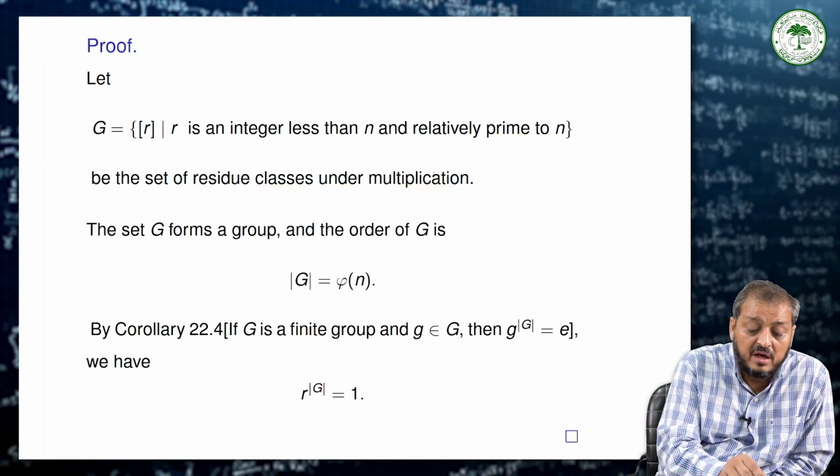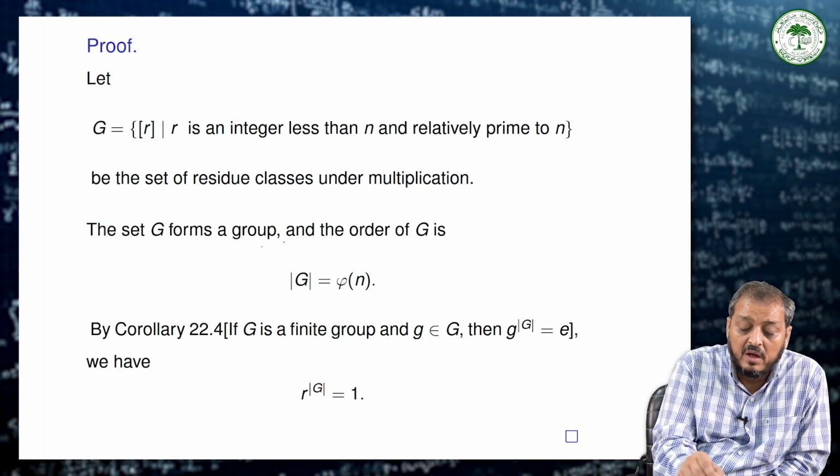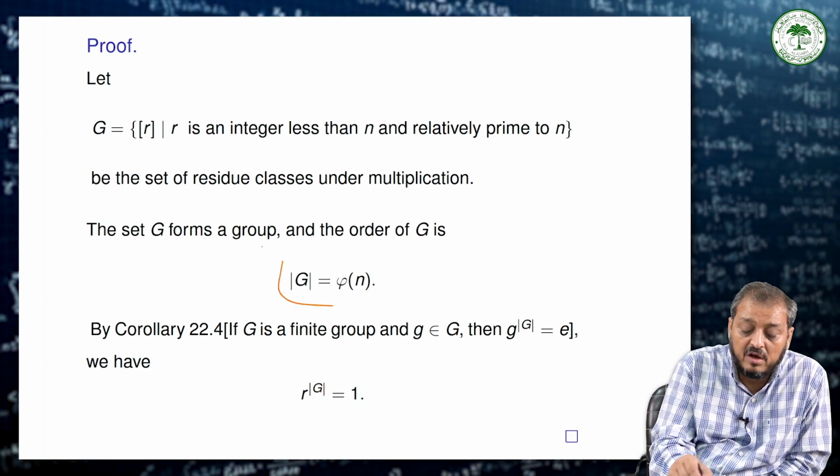Now G forms a group, and the order of G is phi of n.